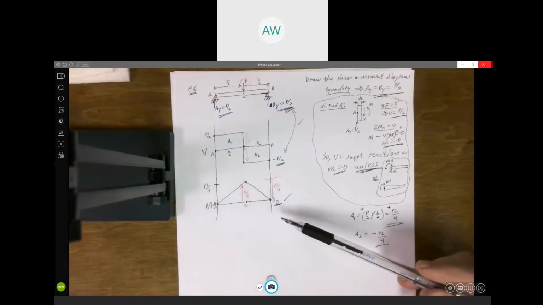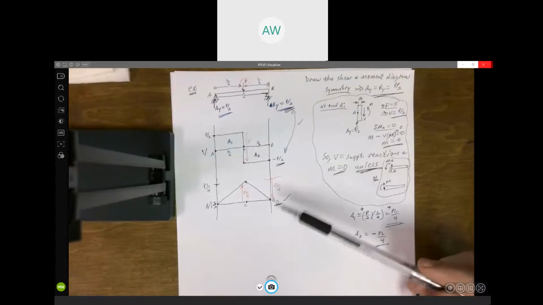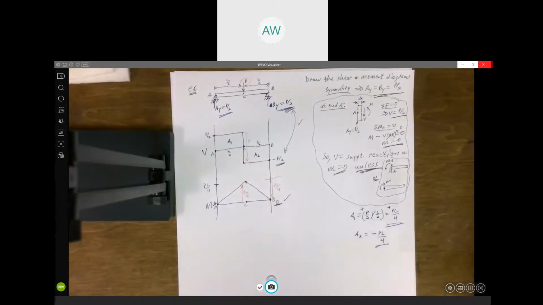But that doesn't happen that often. You should know what the moment's going to be at the end of the beam. And so if you don't wind up where you're supposed to, you know you've made a mistake somewhere. And so you can go back and find and correct your mistake.